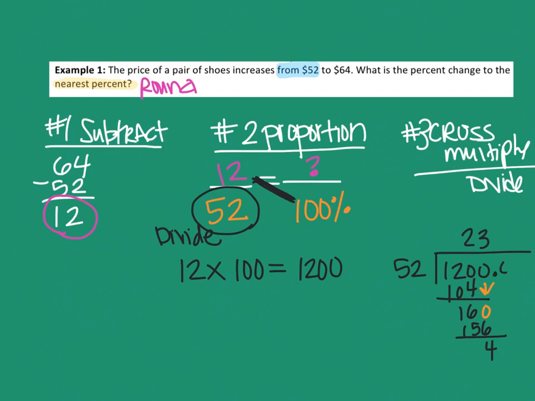I'm going to put a decimal and add a 0 just to see if I should round up 23 or keep 23 the same. So if I add one more 0, this bottom number down here is a 40. 52 is not big enough to go into 40, so that would just leave me with saying it goes in 0 times. So 23.0 is what I got when I divided. That's not anything to round up, so my final answer would just be 23%.